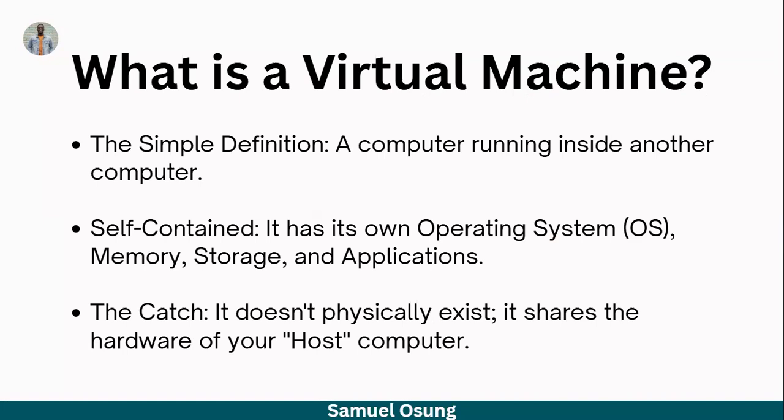But physically, it does not exist as a separate machine. It shares the same physical hardware with your main computer. So in essence, it is self-contained. Just like I said, it has its own operating system, memory, storage, and application. It shares the hardware of your host computer.